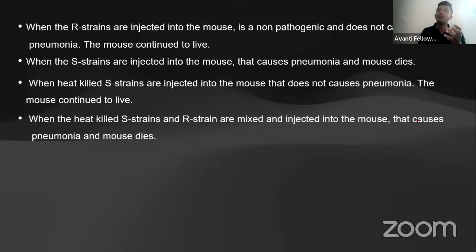So this was the advantage. He showed that something is transformed, but he could not conclude what. The disadvantage is that he could not conclude what was transformed. So this is called the famous transformation experiment of Griffith.